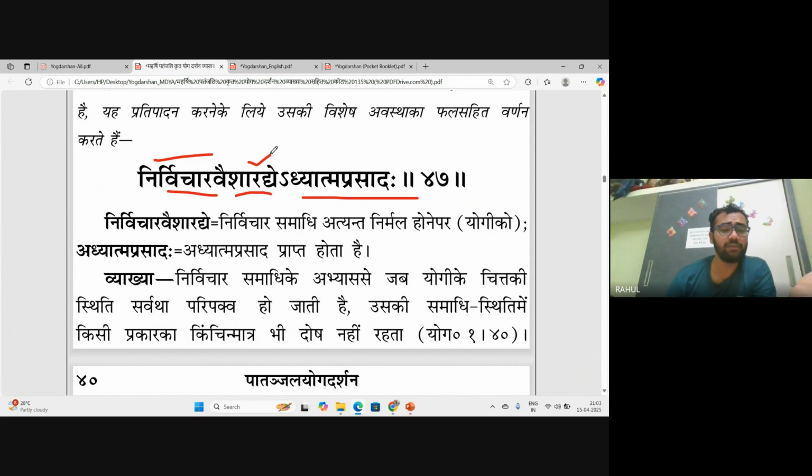Within a few minutes, the yogi is able to attain Nirvichara Samadhi. In that stage, then Adhyatma Prasadaha. Adhyatma Prasada means spiritual energy, spiritual realization or self-realization, which the yogi will attain. So indirectly in the exam it will come: Adhyatma Prasadaha is the benefit of which Samadhi?